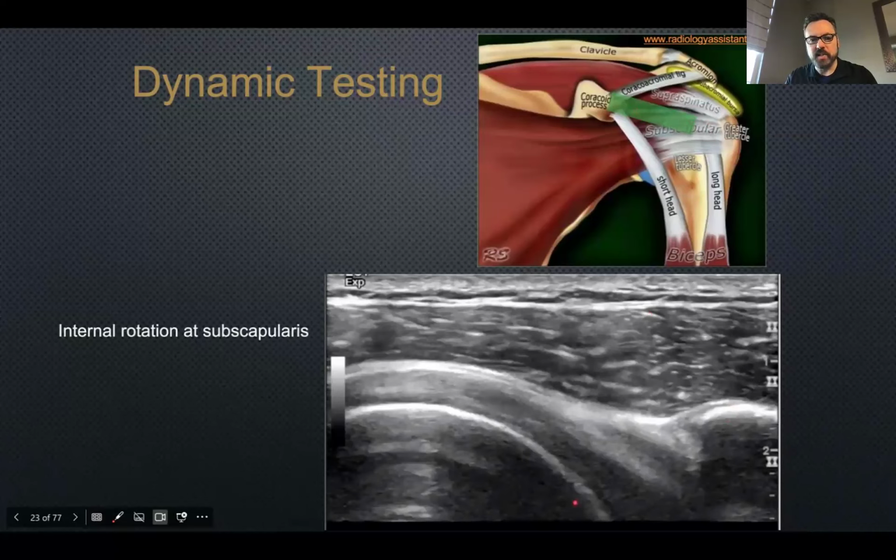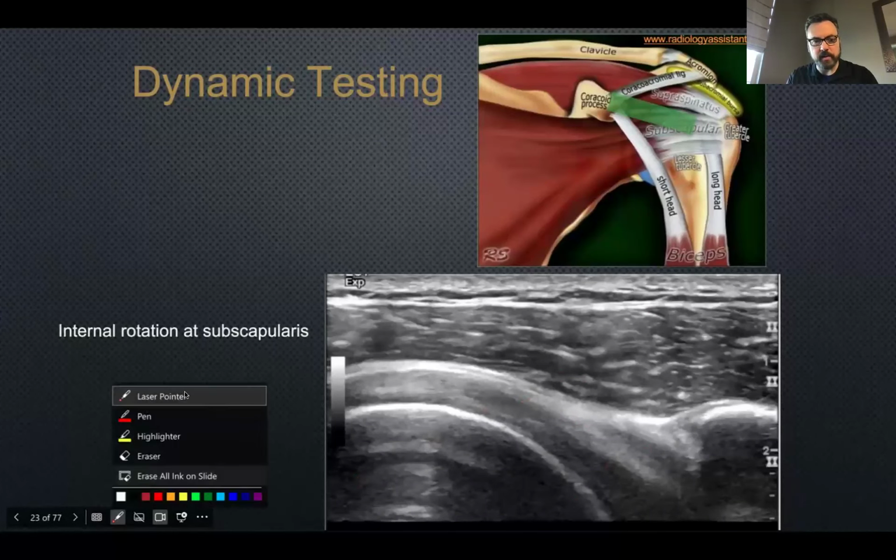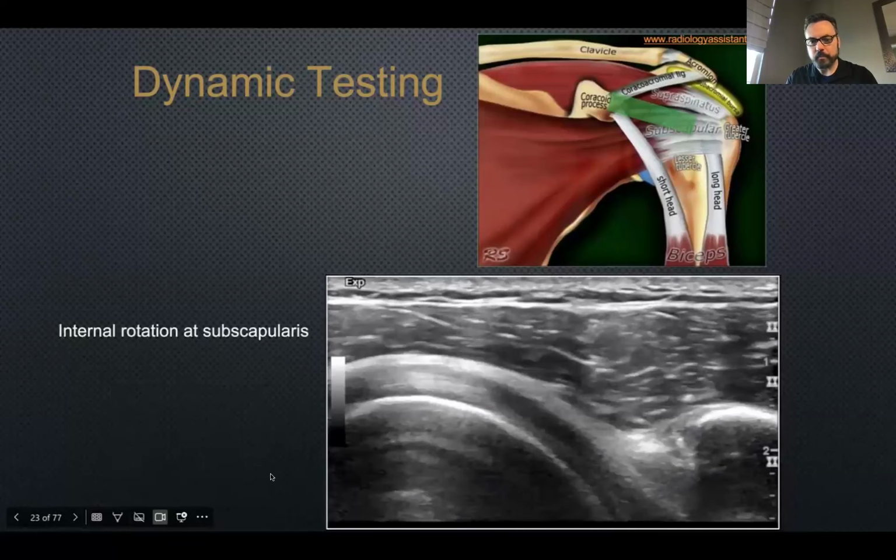What you're going to see is I'm going to take it into internal rotation. This is your subscapularis tendon, and we can see it right where it's starting to turn into muscle fibers here. As it's internally rotated, you'll see the actual insertion of the tendon come into view. And it's not going to work when I have a laser pointer on. So here we go.